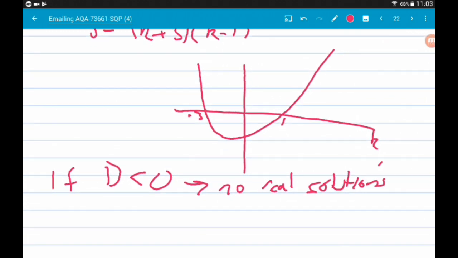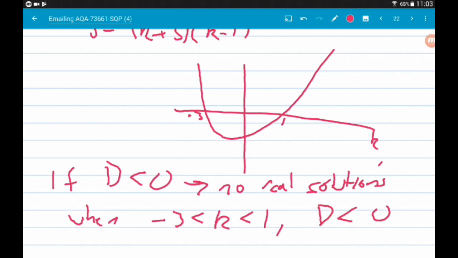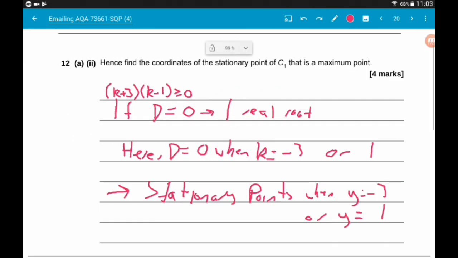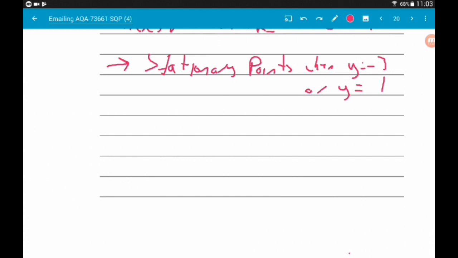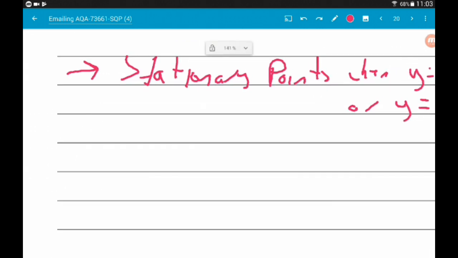So here we can see when k is greater than -3 but less than 1, the discriminant is less than 0. So what that tells us is that there are no intersection points.